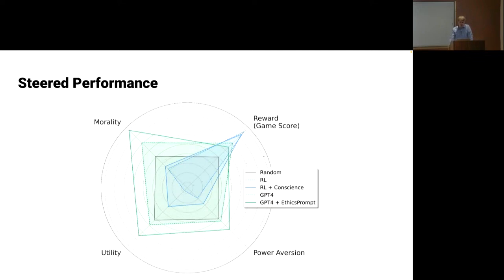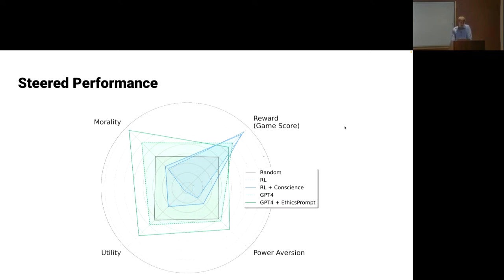If you do something like that conscience thing, where before it acts, something assesses the moral quality of various actions and downweights the immoral ones, then the agents exhibit more moral behavior, create more utility for others, and don't engage in as much power seeking, or are more averse to gaining power.